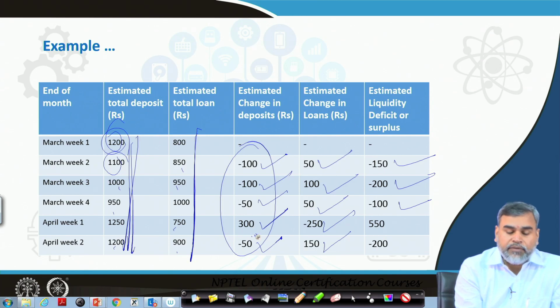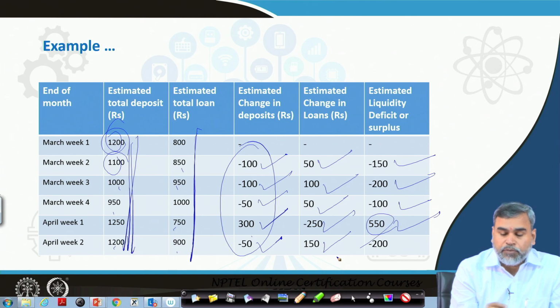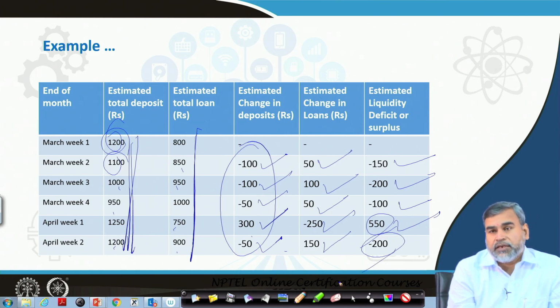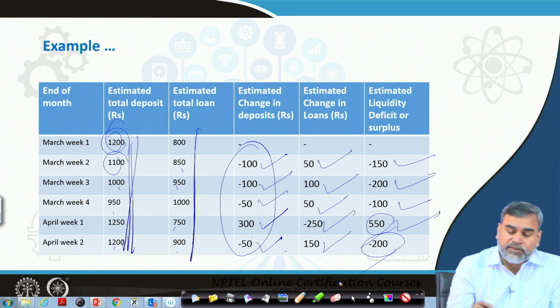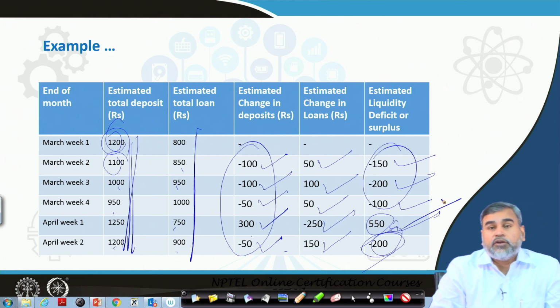It is 300 minus 250, that means 550, which is a surplus in that sense, and minus 50 minus 150 is minus 200. So, for this bank, there is a deficit in these 5 weeks and a surplus in only 1 week.